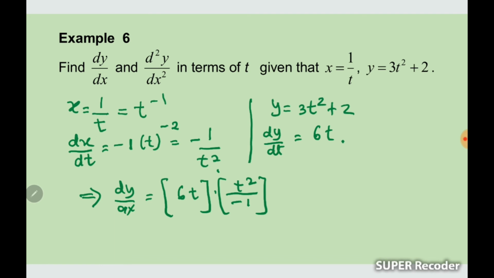Okay, so simplify, you will get negative 6t cubed. Okay, so this is dy dx. Then we will continue to find the second derivative of parametric differentiation, that is d squared y dx squared.